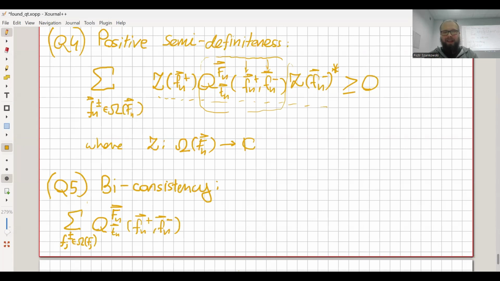And when you do this marginalization, you get Q for shorter sequences.